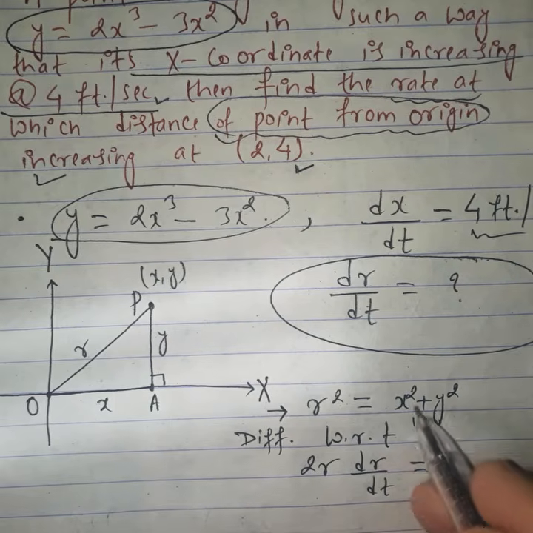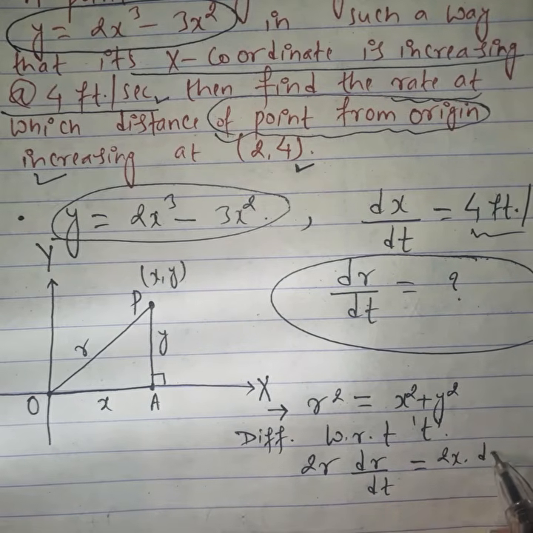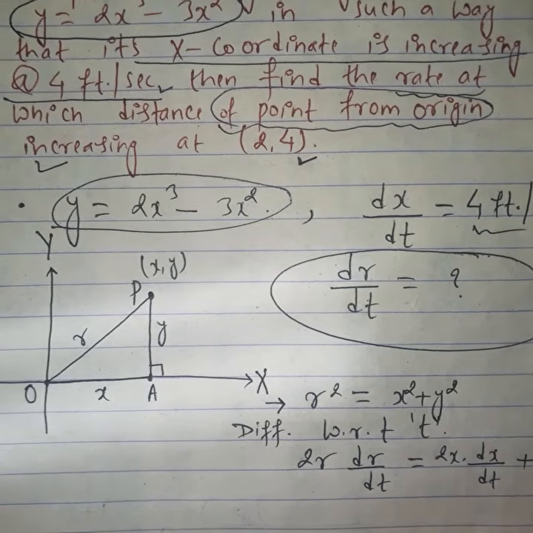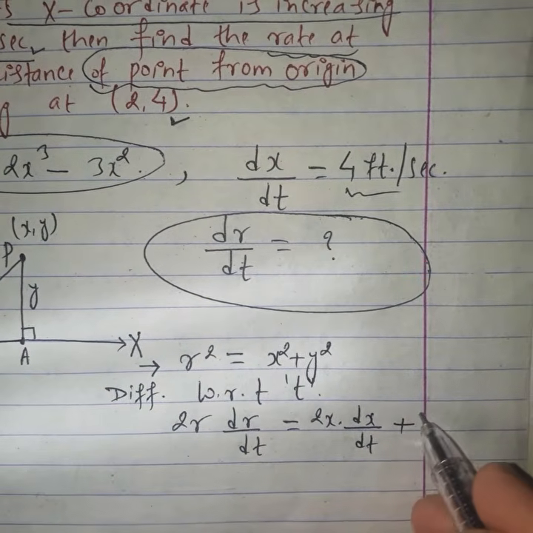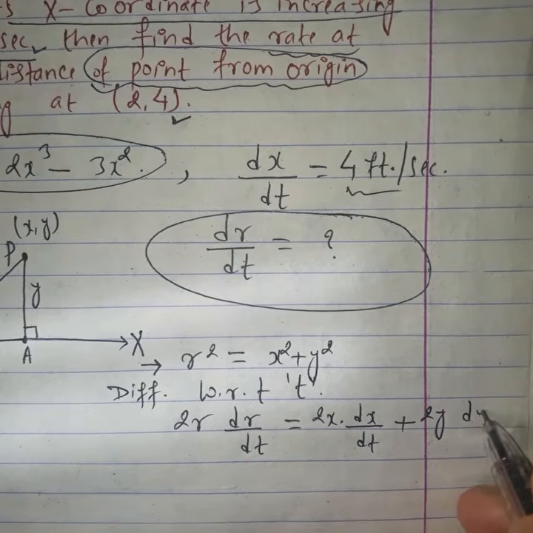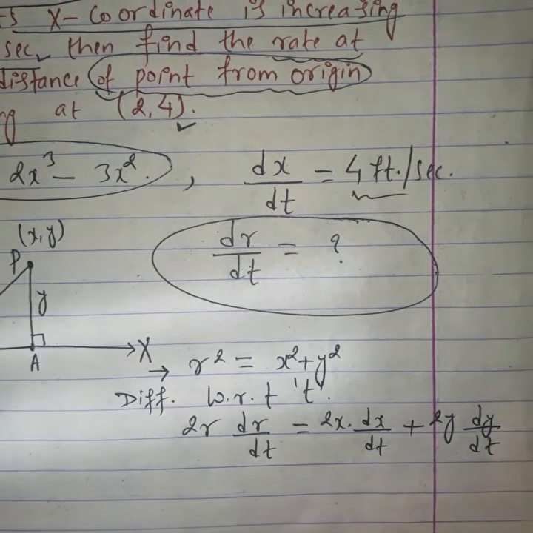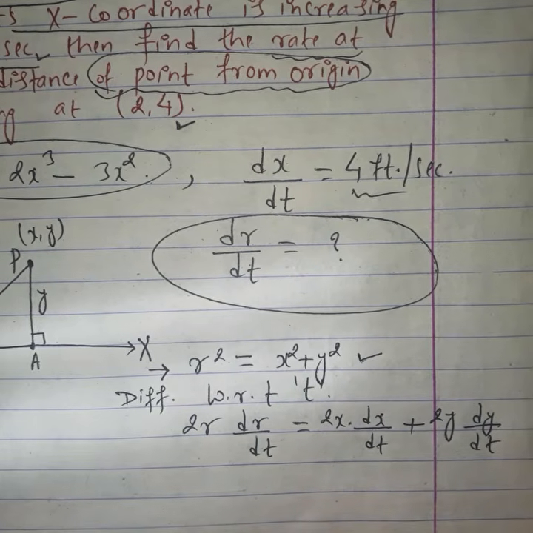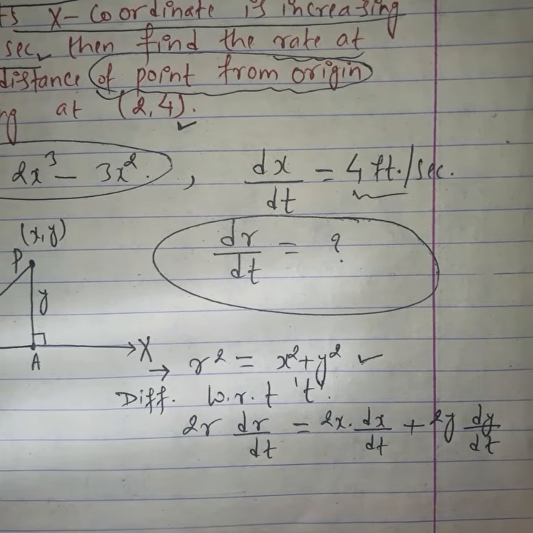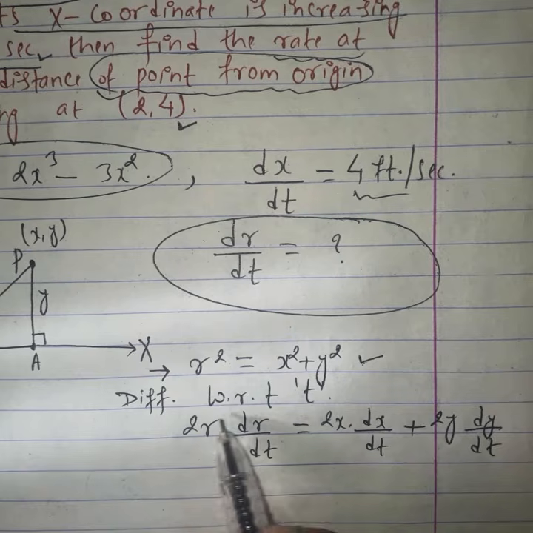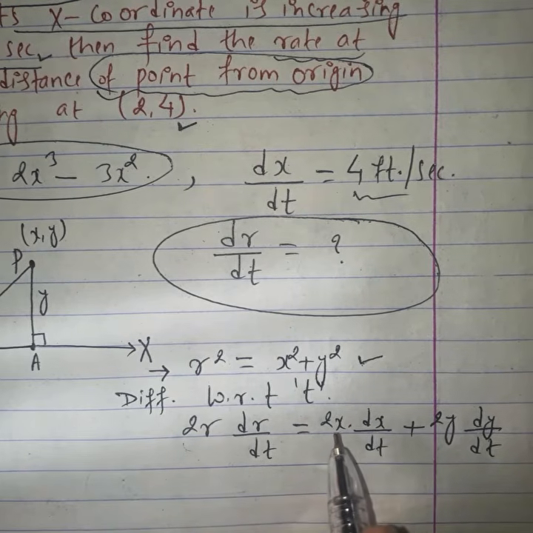This is the left hand side, and the right hand side is 2x dx over dt plus, in the same way, 2y dy over dt. In this step we differentiate this equation with respect to the time variable t. Here we do the implicit differentiation.